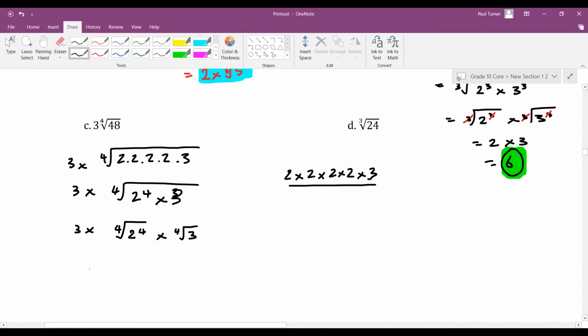This number here, the 4th root of 2 power 4, again, the root and the power will cancel to give 2. So 3 times 2 times 4th root of 3. 2 3s are 6, and 4th root of 3 can't be simplified anymore.